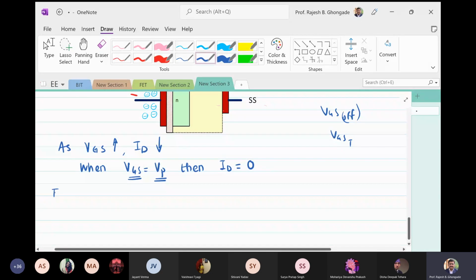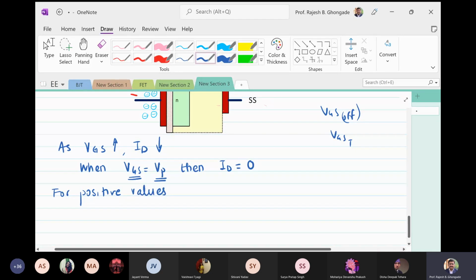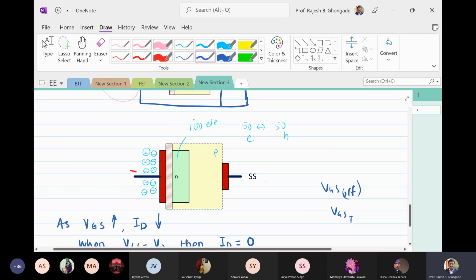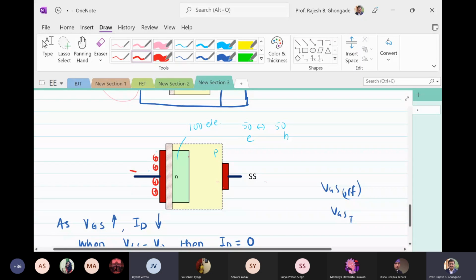For positive values of VGS, what will happen? Suppose I make this positive instead of negative, I apply a positive bias here. ID will increase. What will be the phenomenon? These are positive, so it will attract electrons, even minority electrons from the p-type substrate.